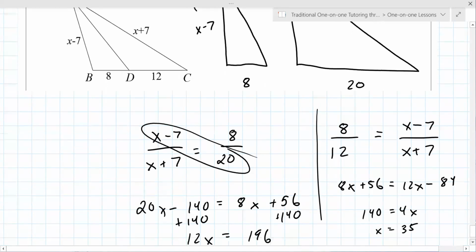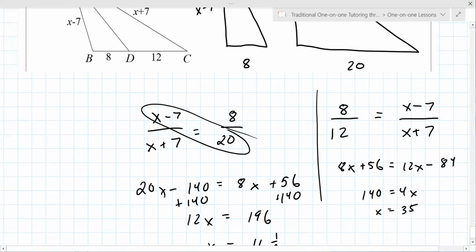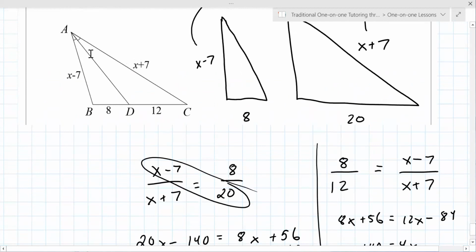And that does work. So since we're trying to find the 2 side lengths, it's 35 minus 7, 35 plus 7. So AB is 28 and AC is 42. Do you see that? Yes.